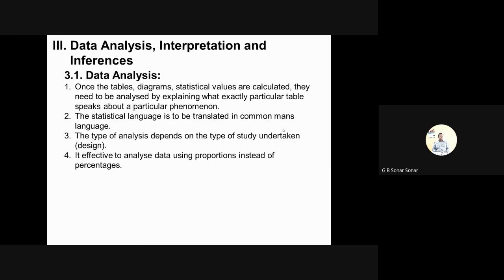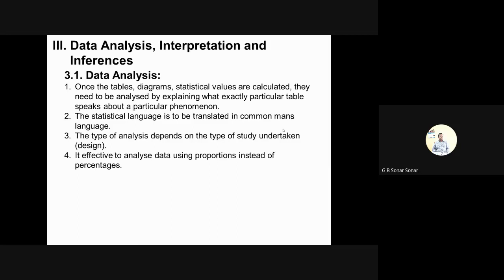If it is 25%, instead of calling it 25%, we call it 1/4. If it is 80%, we call it 4/5. If it is 10%, we call it 1/10. If it is 50%, we call it half.